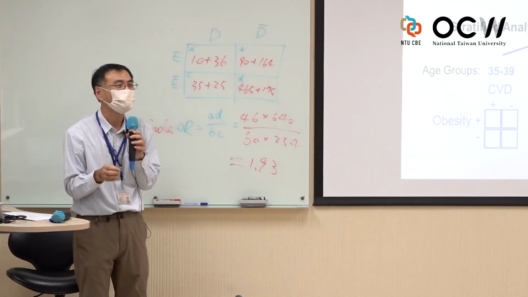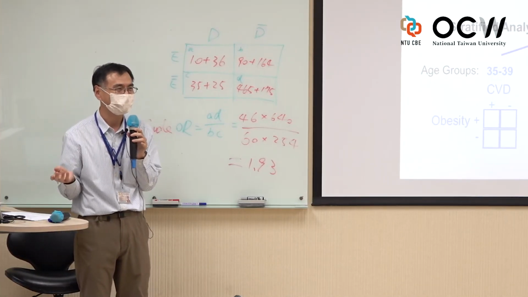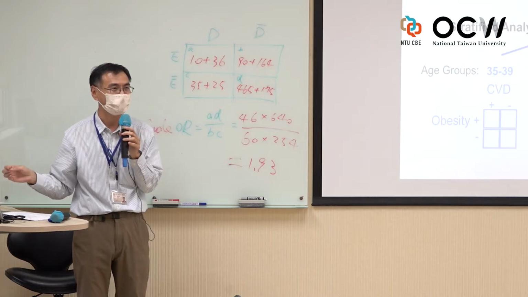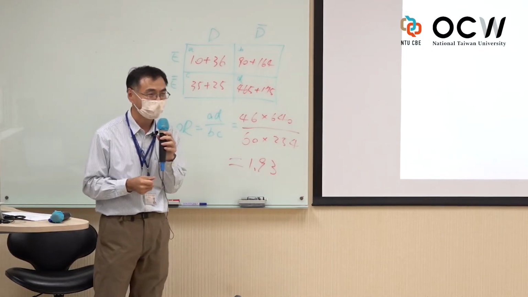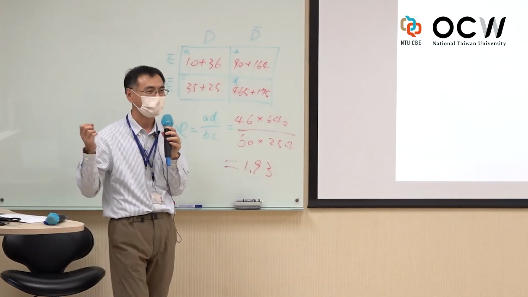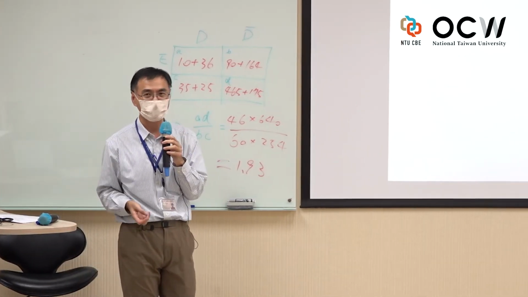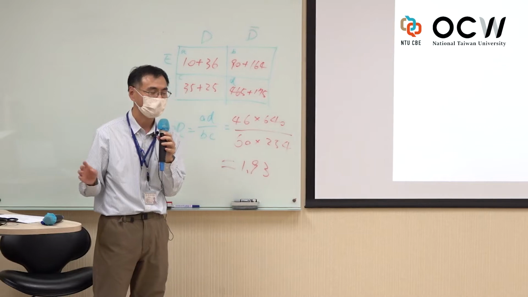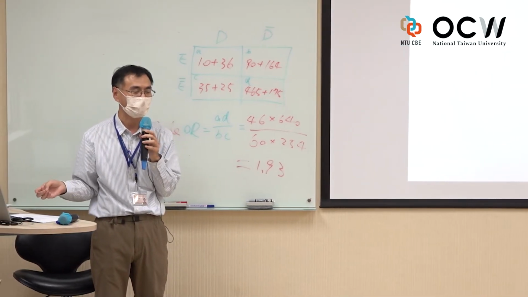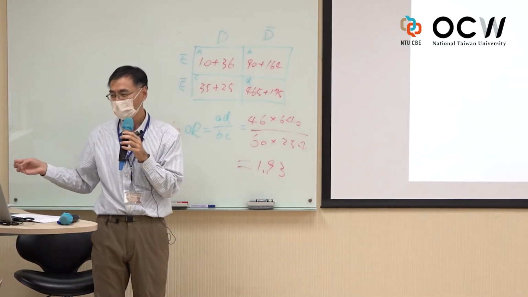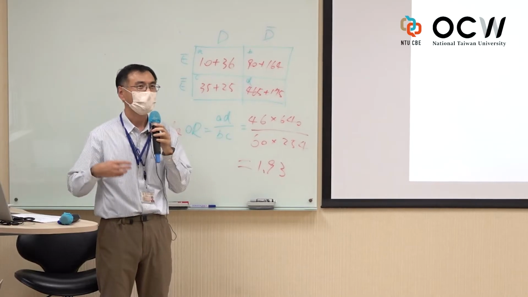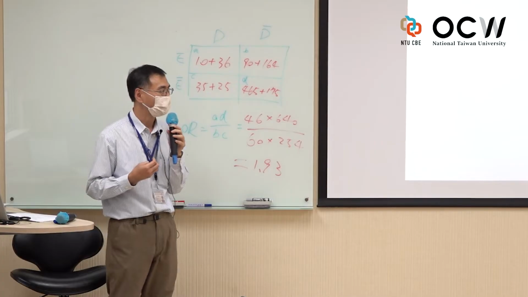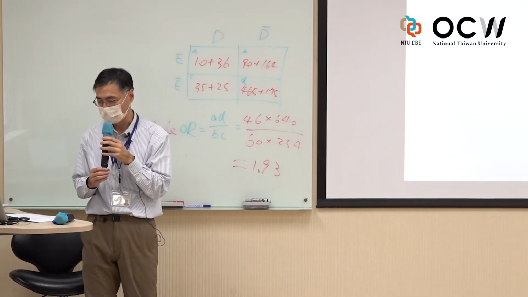Again, it's been proven to be an unbiased estimation, so it's perfectly fine to do that. That's exactly the way we do it with the modeling method. So the Mantel-Haenszel method is a foundation for confounding control, which is only applicable for categorical variables. But for continuous variables, we feel comfortable using the modeling method to do the estimation.